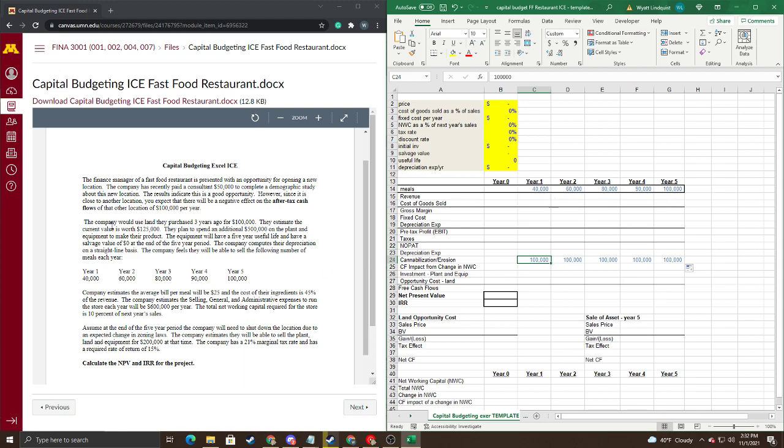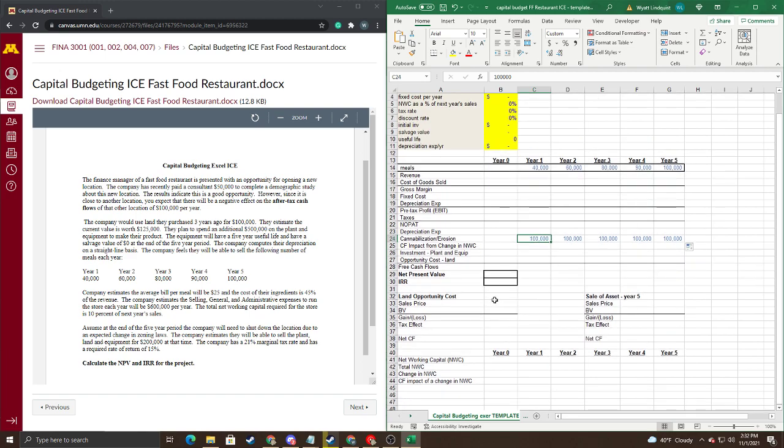So the company would use land that they purchased 3 years ago for $100,000. Once again, there is no land space, but we will put it in here just because that's the book value of the land. Remember, land can never be depreciated.